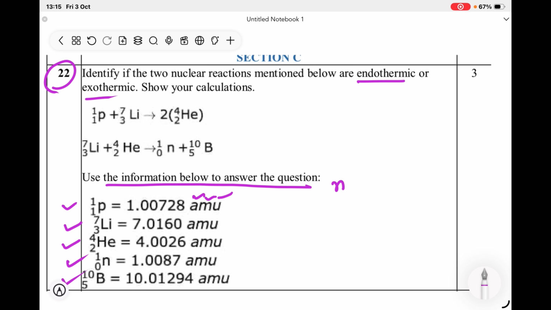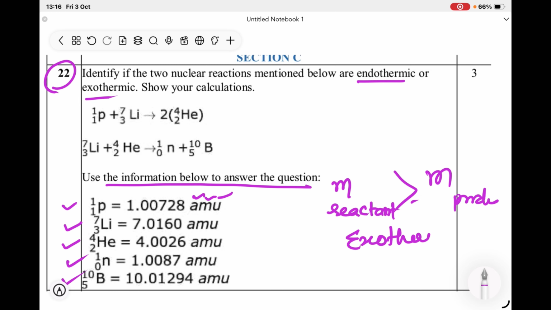So simple rule we will use: if the mass of reactants is more than mass of products, then the reaction will be exothermic, otherwise it will be endothermic, vice versa. Now you can see in first reaction there is a proton and there is lithium.